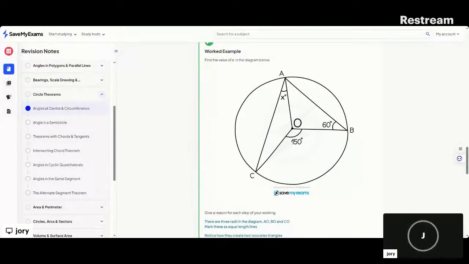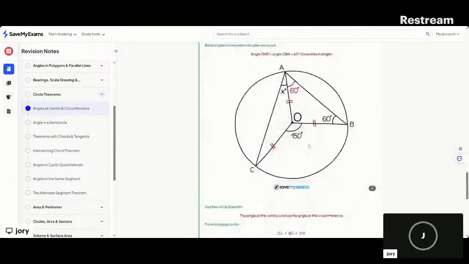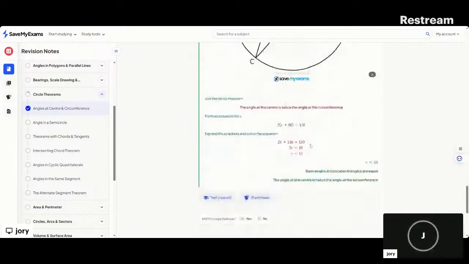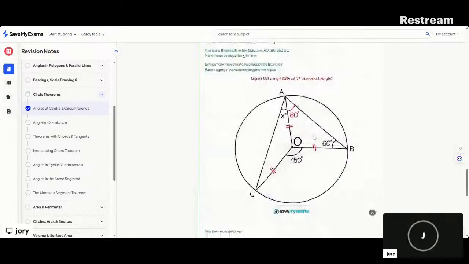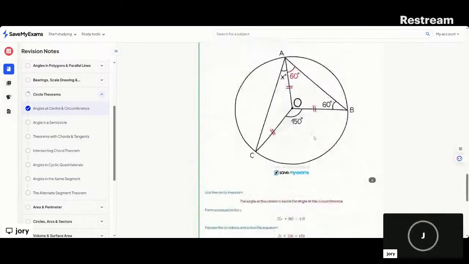Wait, that means all triangles in a circle are isosceles. And if... Oh. Okay. The angle is 90. It's not 90. It is 90. I think it's 90. How's it 15? 150 minus 60 is not 15.